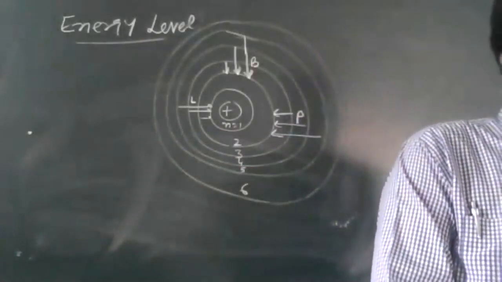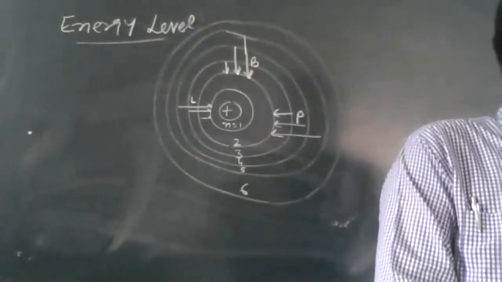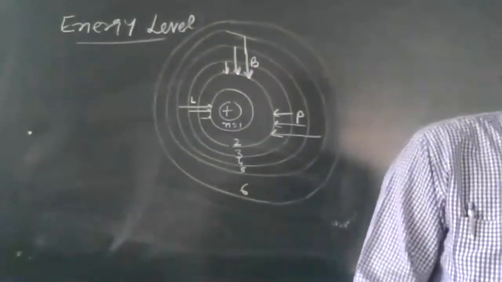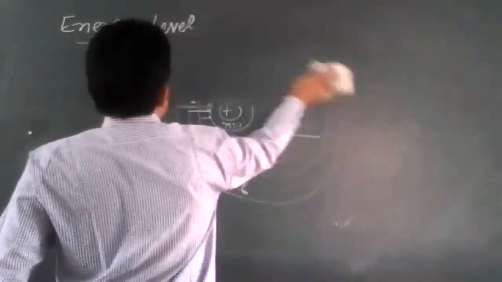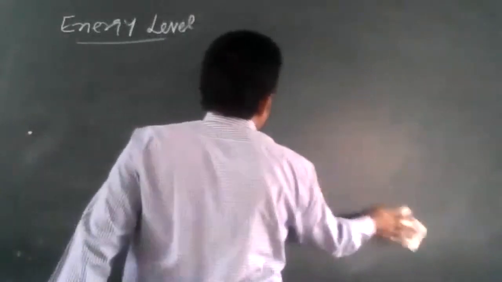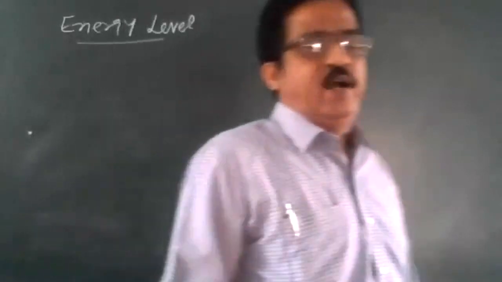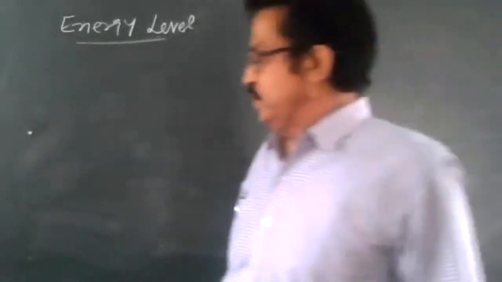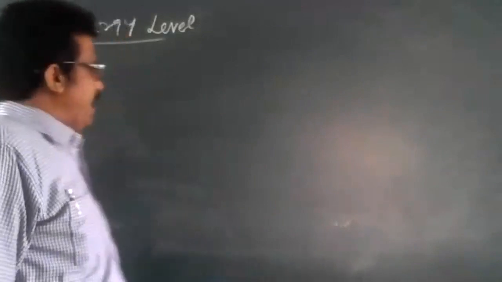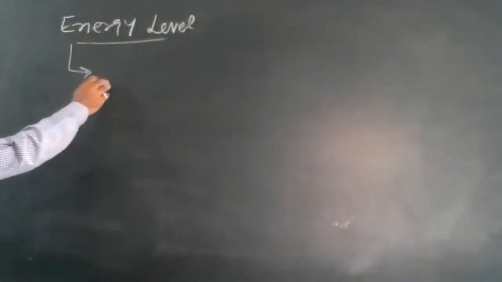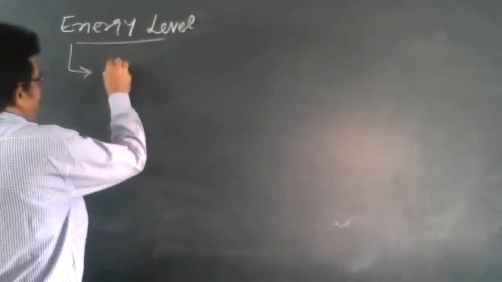Yes, sir. Okay, so you see the energy level diagram. Now I am going to draw a figure here, that is the energy level diagram. First, I want to explain what an energy level diagram is.